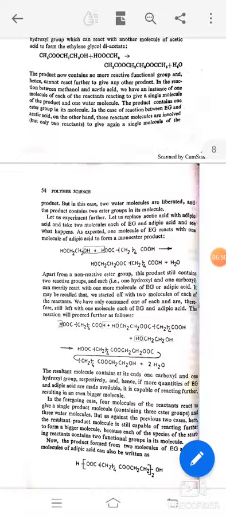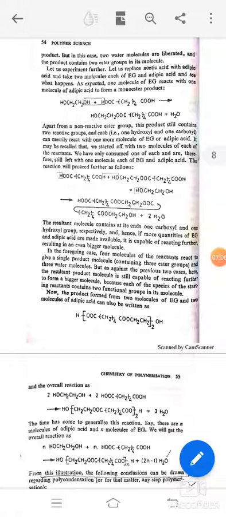This is the adipic acid and this is the above compound prepared from adipic acid and ethylene glycol, and after reacting with ethylene glycol, water is lost and the next hydroxy ester forms. The resultant molecule contains at its ends one carboxyl and one hydroxyl group respectively, and hence can react further if more quantities of ethylene glycol and adipic acid are made available.